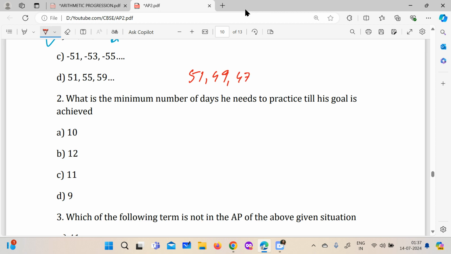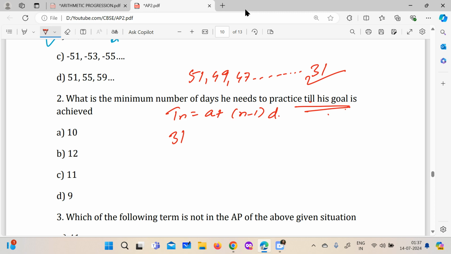Now you have to find when it will reach 31. So this is nothing but finding the nth term, means Tn is equal to a plus n minus 1 into d. When he will reach his goal, when he will complete this race in 31 seconds.